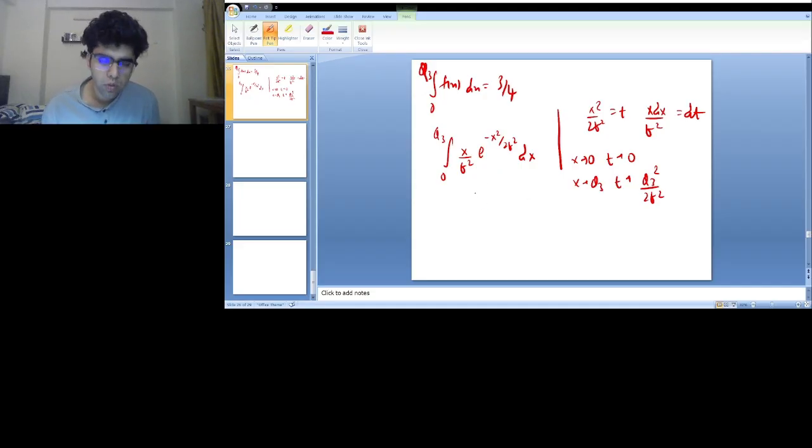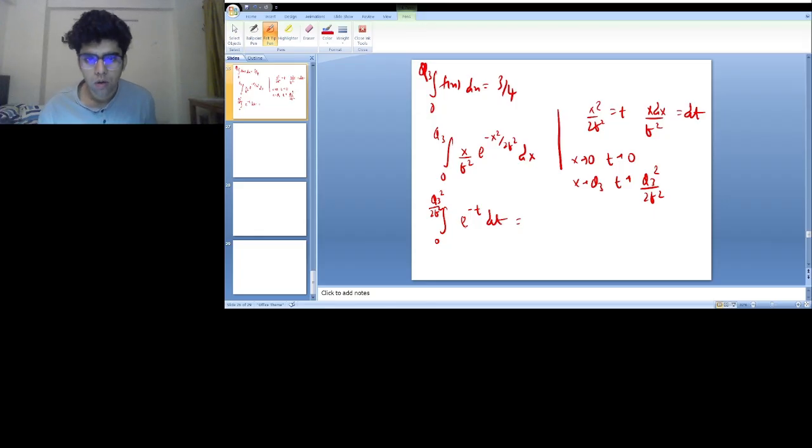So I can write this as e to the power minus t dt when t goes from 0 to q3 square by 2b square.